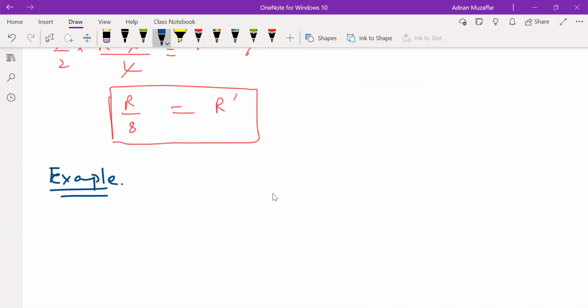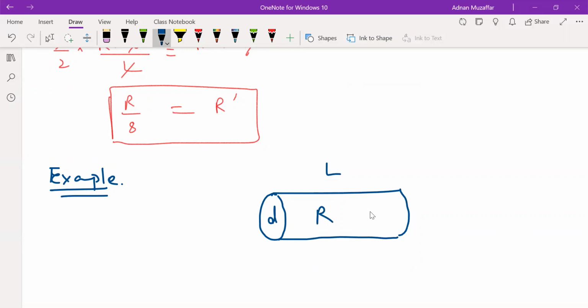Suppose the length is the same, only the diameter is changing. Maybe this is D here, and its resistivity is rho.